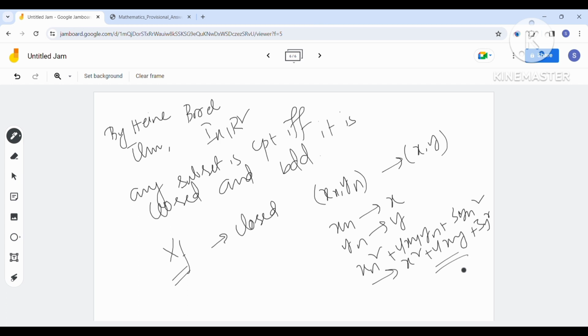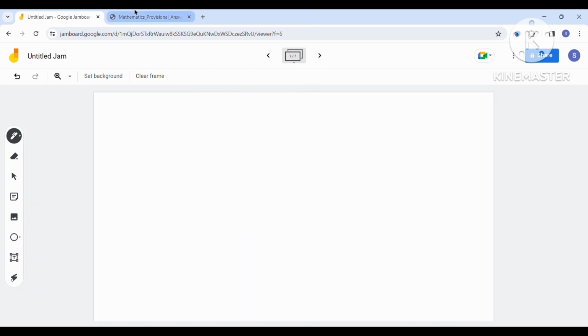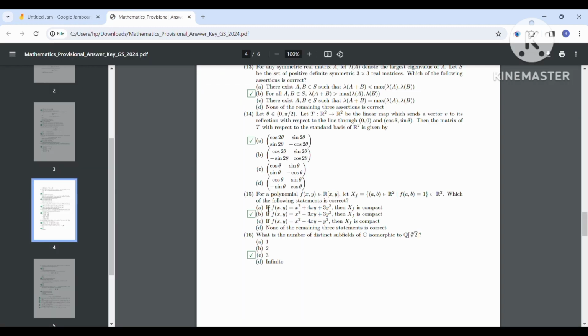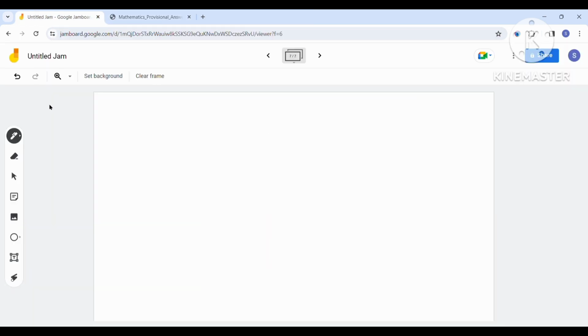The problem is whether the set is bounded or not. To check whether it is bounded, you can directly check. Okay, so let's take first option A, it is given x square plus 4xy plus 3y square equal to 1.